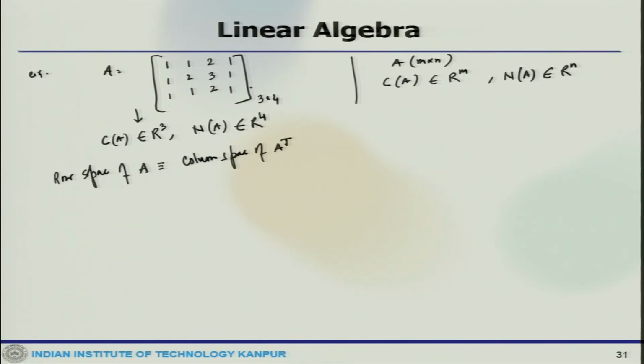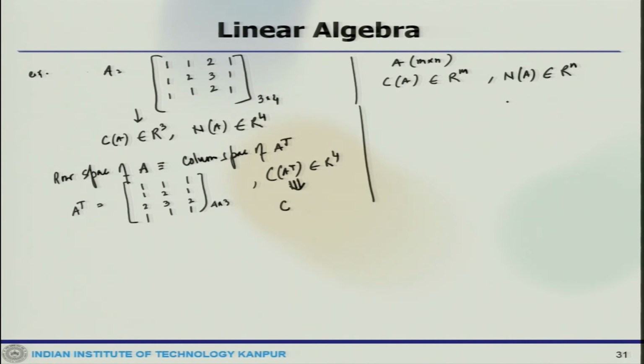That means, if I have a system and I just do the transpose, that becomes the row space of A. In this particular case, A transpose would be 1 1 2 1, 1 2 3 1, 1 1 2 1, which is 4 by 3, which means the column space of A transpose belongs to R 4, and that is saying that for any m by n system, the column space of A transpose belongs to R to the power n.